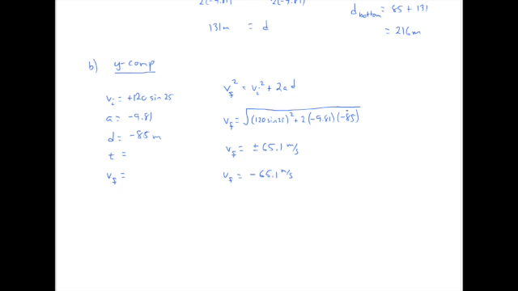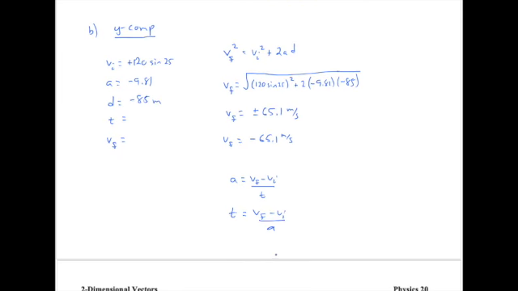Now that I know my Vf, then my time is easy to find. So my acceleration equals Vf minus Vi over t. And so t is just equal to Vf minus Vi over a. So I can put my values in for that over here. So time is equal to a Vf of negative 65.1 meters per second.